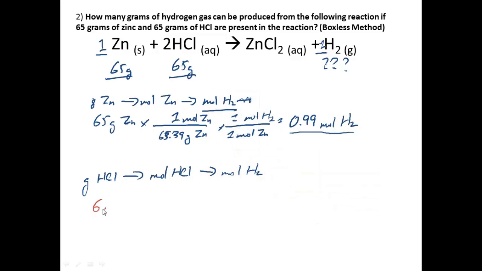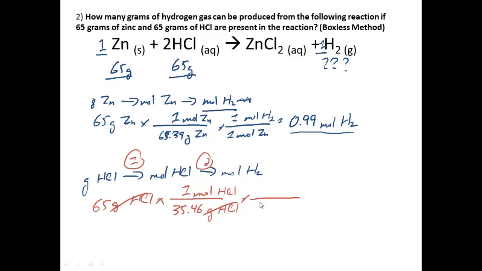Alright, 65 grams of HCl. As we saw last time, HCl is about 35.46, I believe, grams of HCl in 1 mole. That's again from the periodic table. That's this conversion here. And then my second conversion is to go from the moles of HCl to the moles of, well, let's see, moles of H2.